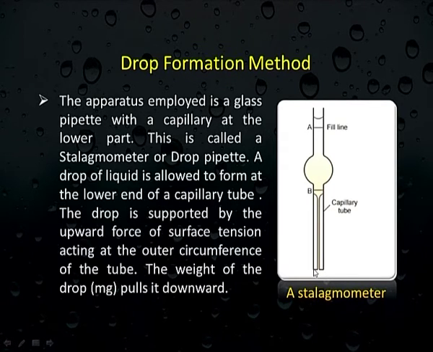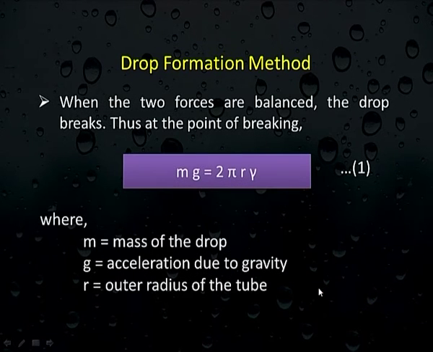Now, this drop is supported by the upward force of surface tension, because we know surface tension is the inward pull. Since we have filled liquid in this apparatus, at this point the drop will be experiencing inward pull. Now, its weight will be acting downward. When the two forces, downward force of weight and inward pull due to surface tension, are balanced, slight crossing of the downward pull and dropping of the drop takes place.